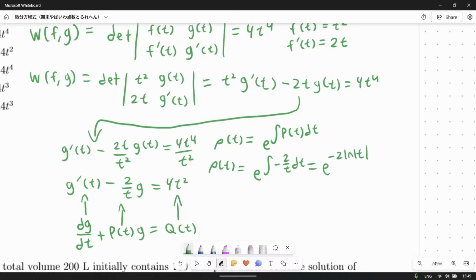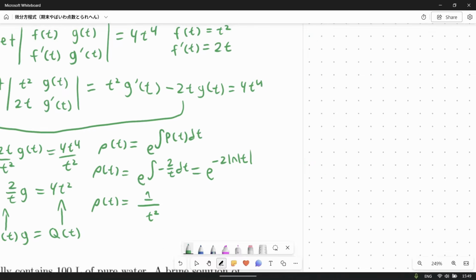From here, we can simplify this a little bit, and this ultimately simplifies to rho of t equal to 1 over t squared, because we have an e here and a natural log here, so they're inverses of each other and they cancel. Actually, let me write it out. This would be equal to 1 over e to the 2 natural log of t. And then from there, you can see how the natural log and the e cancel, and we end up with this term over here. So our integrating factor is ultimately rho of t equal to 1 over t squared.